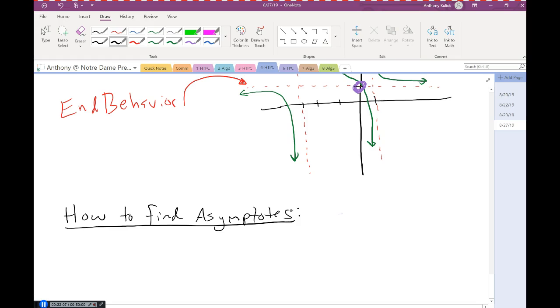So if we want to try to find these asymptotes, what are some of the ways that I could find, say, the vertical asymptotes?